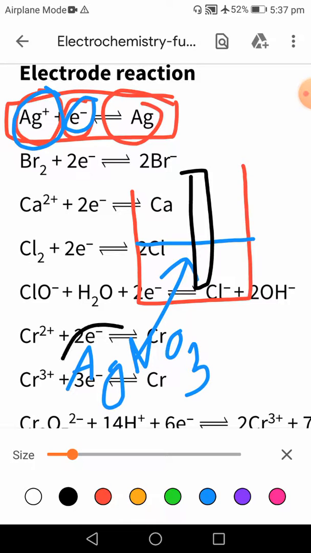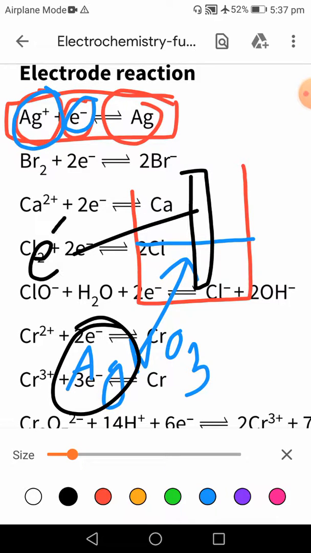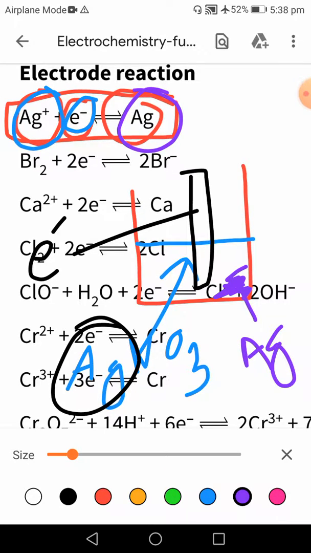So we have a source of silver ion, we have a source of electron. Now we need to fulfill the need for silver metal. So you might prefer to put a small amount of silver metal at the bottom of the container. So this is the silver metal. Look, all things are present.